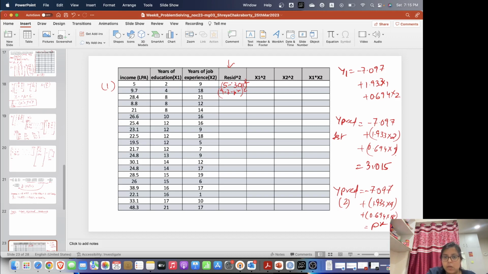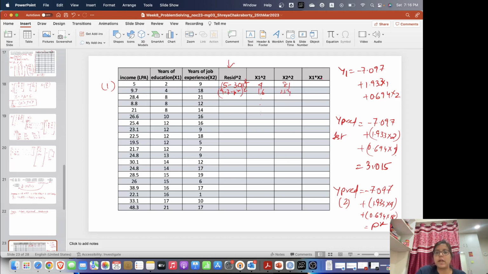Apart from the residual squares, we would also take squares of the original variables, the regressors that we were having. So here we would have x1 square, let's say this is 4, 16, and so on. x2 square 81, then this will be 324 and so on.